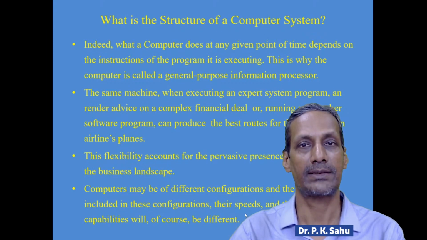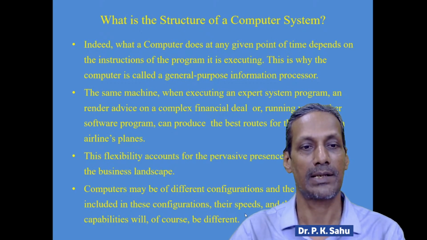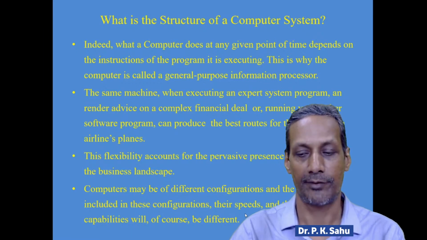The same machine, when executing an expert system program, can render advice on a complex financial deal, or running yet another software program can produce the best routes for thousands of an airline's planes. This flexibility accounts for the pervasive presence of computers in the business landscape. Computers may be of different configurations, and the devices included in these configurations, their speeds and their processing capabilities will of course be different.